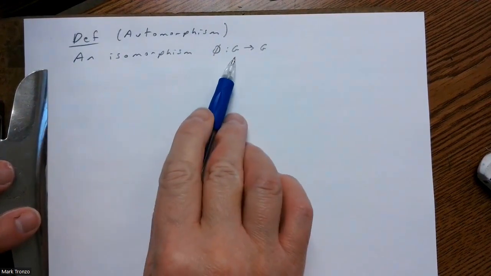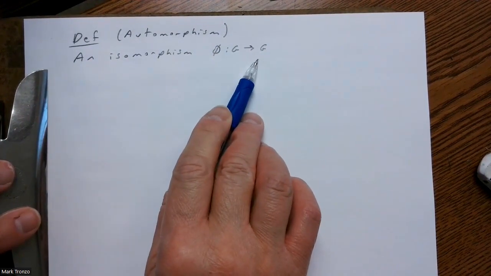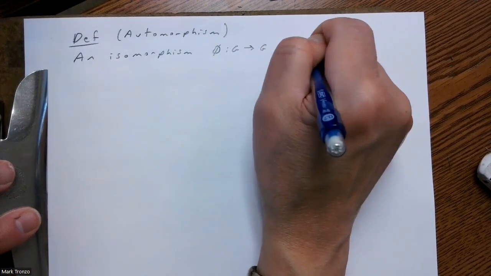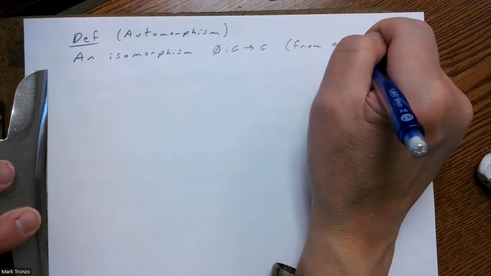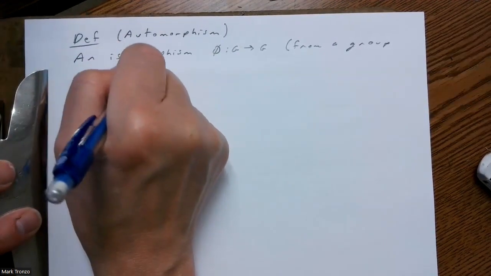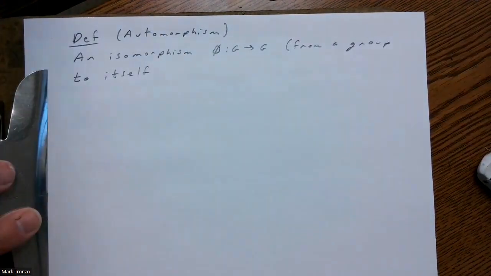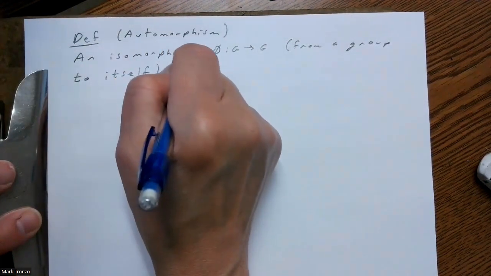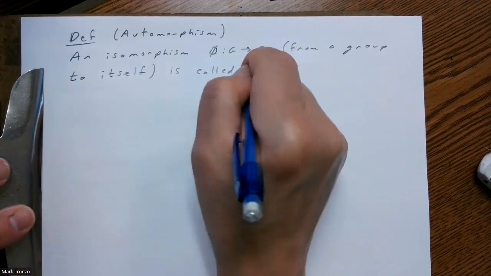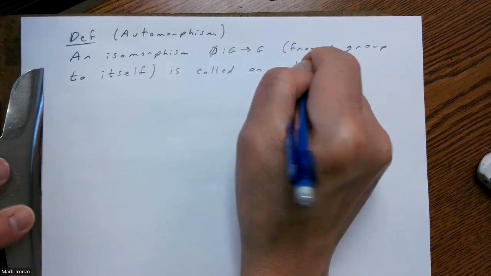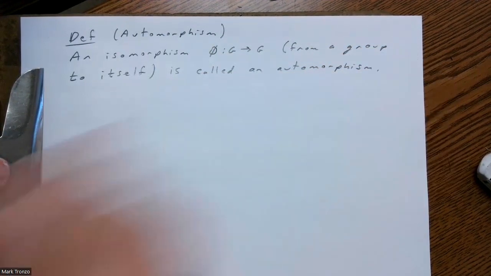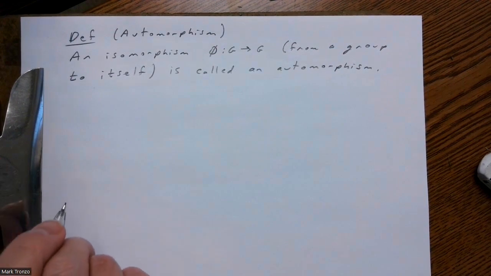So an isomorphism from a group to itself is called an automorphism. And so we're going to be working with those.